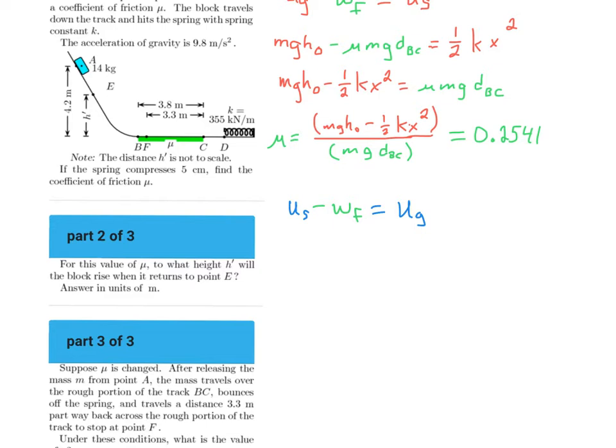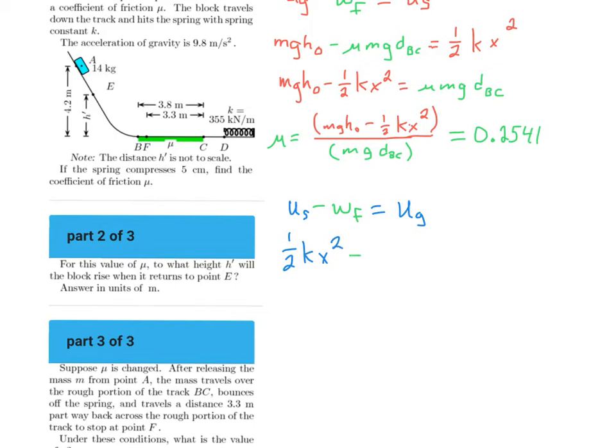Alright, so our U_s, we can calculate what we have, and, well, let's just expand it back out again. So this would be, again, 1/2 times k times x squared.